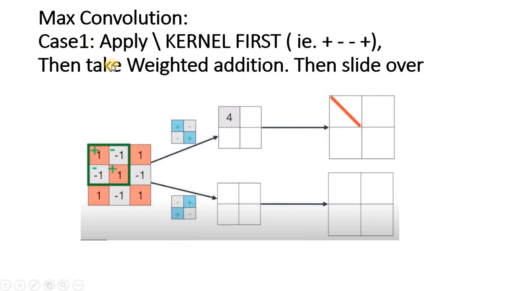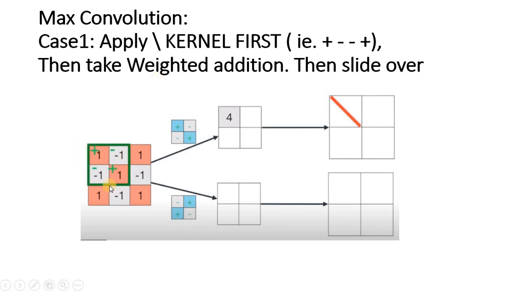So what you do is something called max convolution. In max convolution, let us take case 1. Apply a backward slash kernel that looks like plus minus minus plus, and put it over the image.